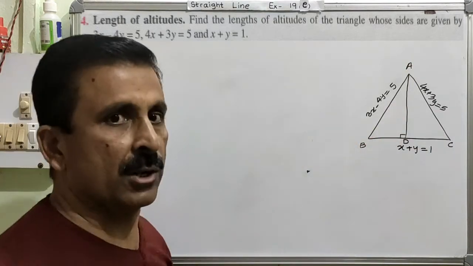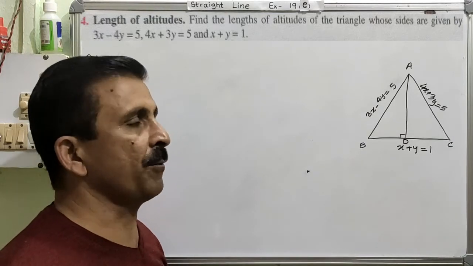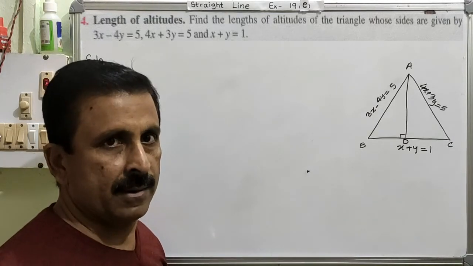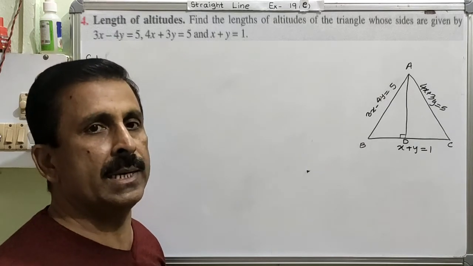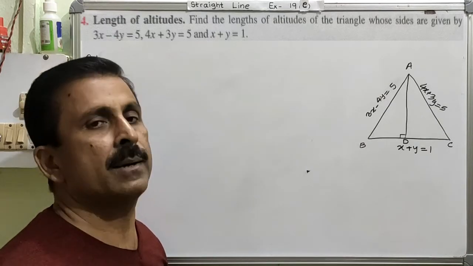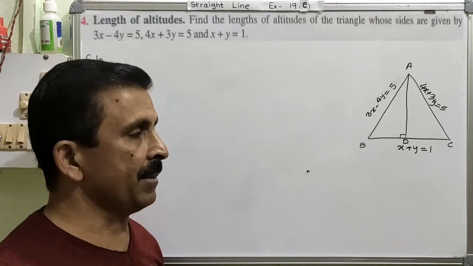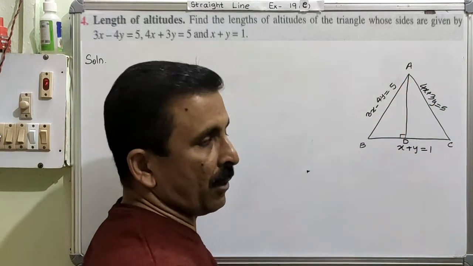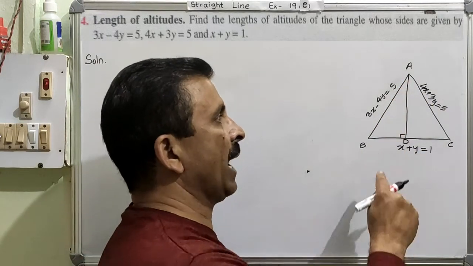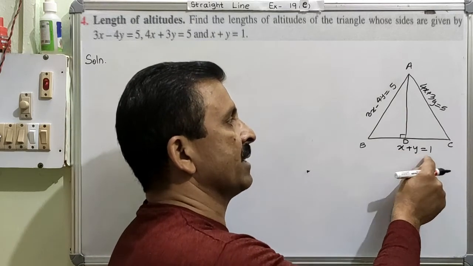In the previous question also I told you what we need in order to find the perpendicular distance. For finding the perpendicular distance of a point from a line, we need the equation of the line and we need the coordinates of the point. Am I clear? So here, if you are going to calculate the length of altitude AD, you need to have the equation of BC, which is given.